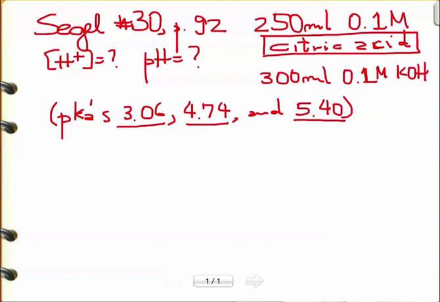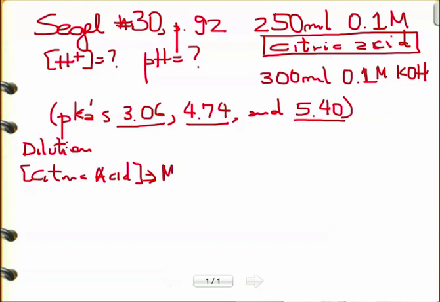Let's forget about these and start with the dilution. That's the way that we approach this kind of problem when you have mixtures. Let's start by looking at the dilution for citric acid. When you do that, you forget about the reaction. You think only about what happens to the concentration from the increase in volume.